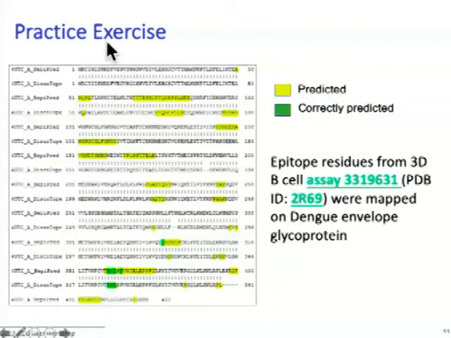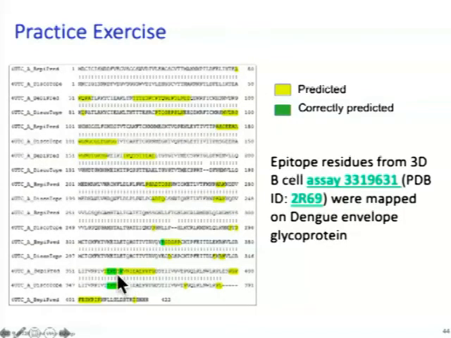So when you look at the results in the BepiPred and the DiscoTope predictions, the real epitope, obviously we chose one where we know the answer, which we can get from the IEDB, is shown in these green parts of the protein where you really have the antibody binding site.